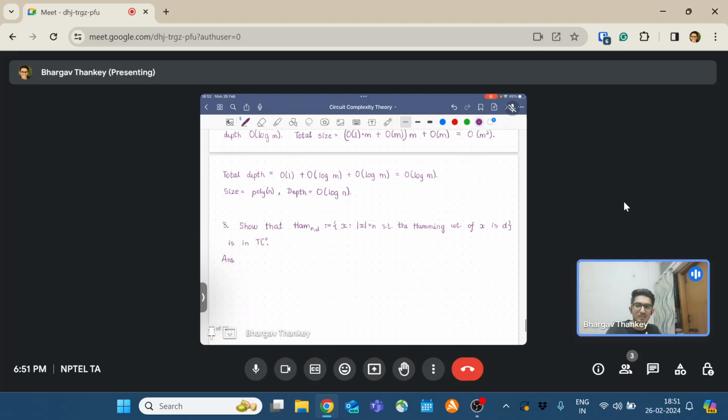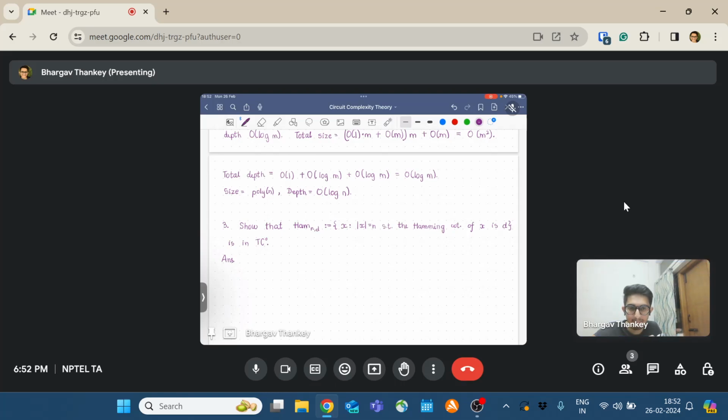We want to show that the function which outputs one if and only if the input is a string of Hamming weight exactly d is in TC0. So is this function clear? Yes, the sum of the bits is exactly d. So that sort of gives you a TC0 circuit, right? Can you specify how you would get a TC0 circuit from that?